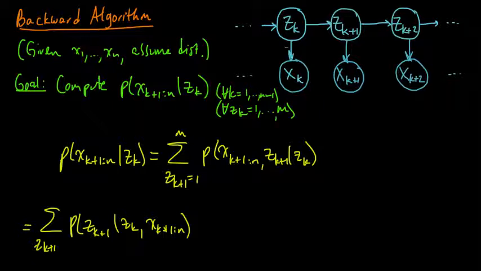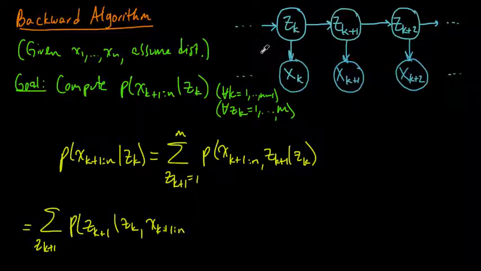But wait, I would want to use the conditional independence properties to reduce this down to just zk plus 1 given zk, but zk plus 1 is not conditionally independent of these given zk. Let's try a different approach.